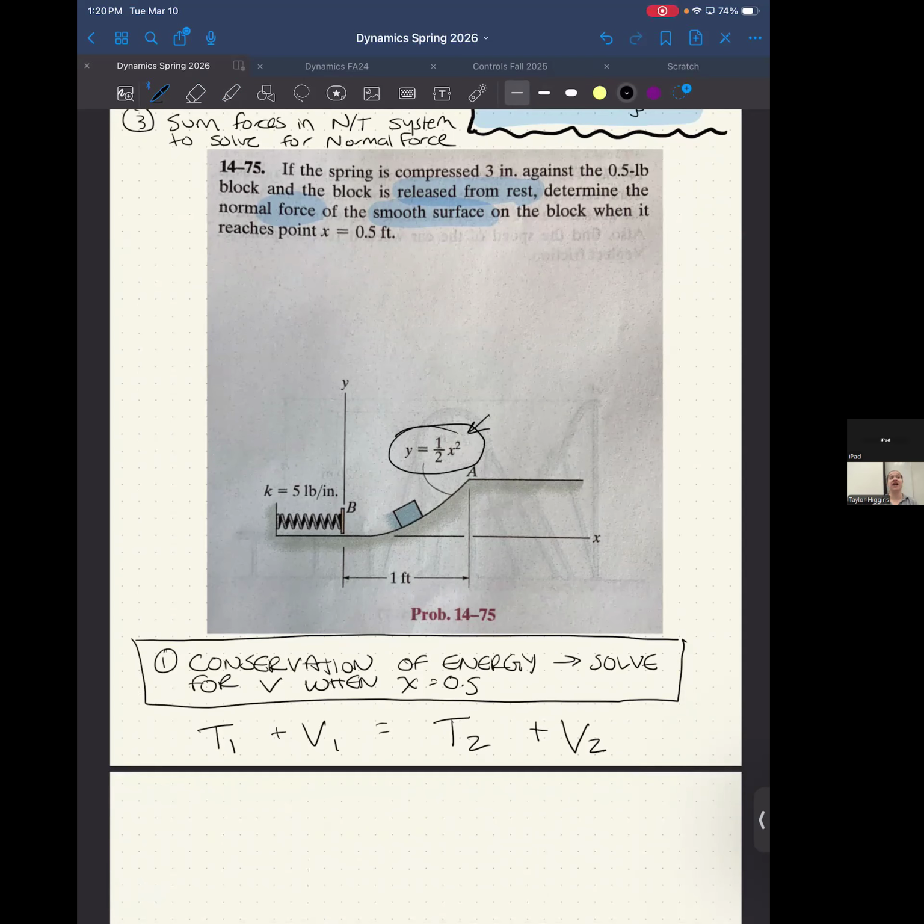Okay. Is there any initial kinetic energy? Zero. Yes, absolutely, because it starts from rest. Is there any potential energy at point one? Yeah, Leah? The spring potential. Is there any kinetic energy at point 2?